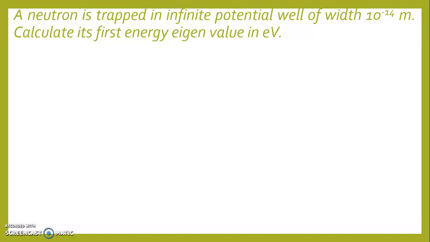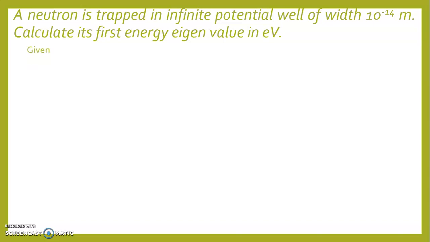If you observe, this numerical is similar to the previous one, but the difference is here it is a neutron, and in the last numerical there was an electron. So because of the difference in mass between electron and neutron, we should carefully substitute that value here.